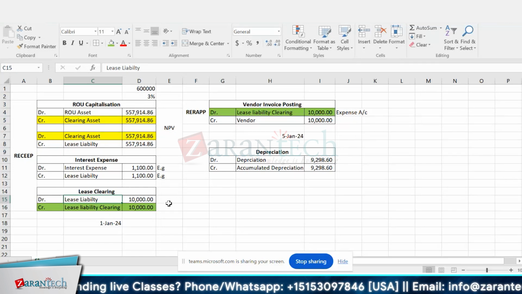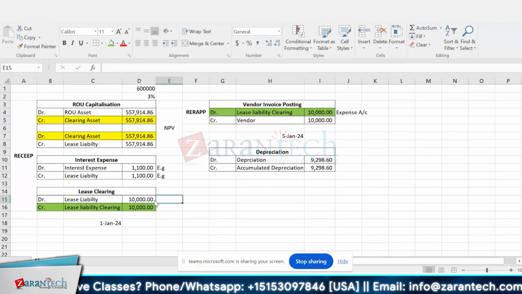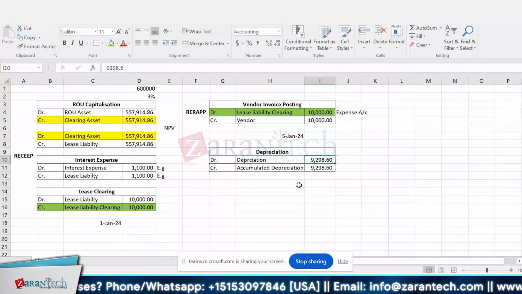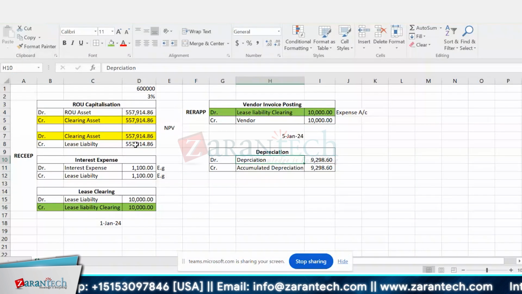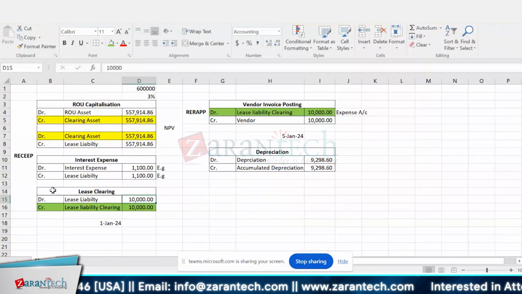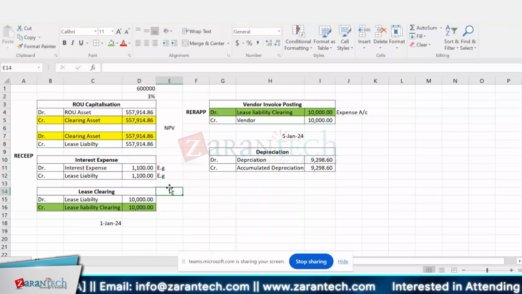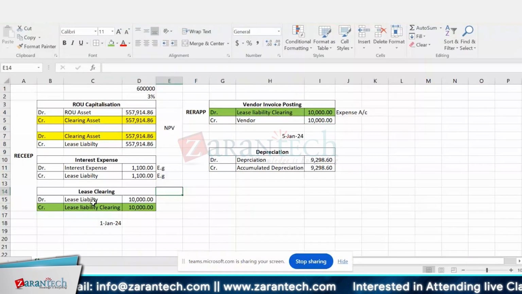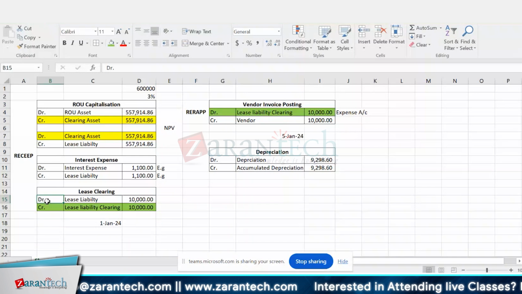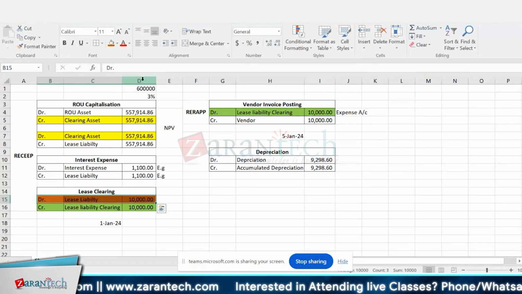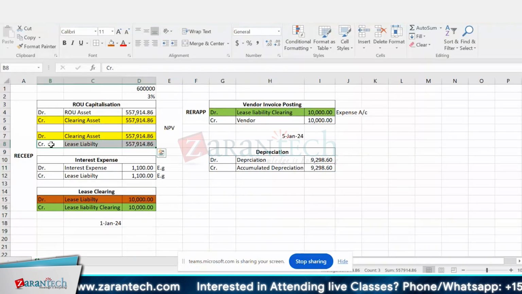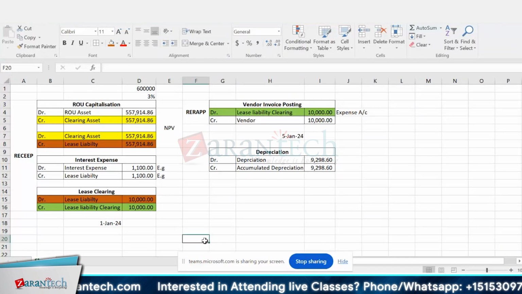So this is from liability and this is from asset, and both the liability and asset will get nullified through this posting. Okay, got it.